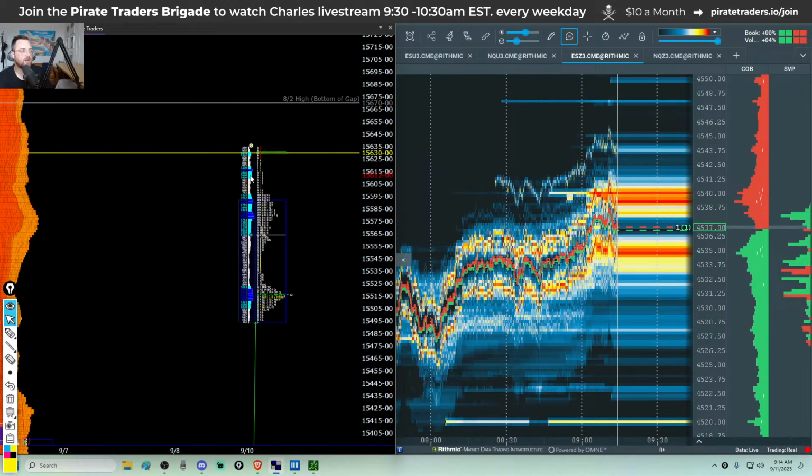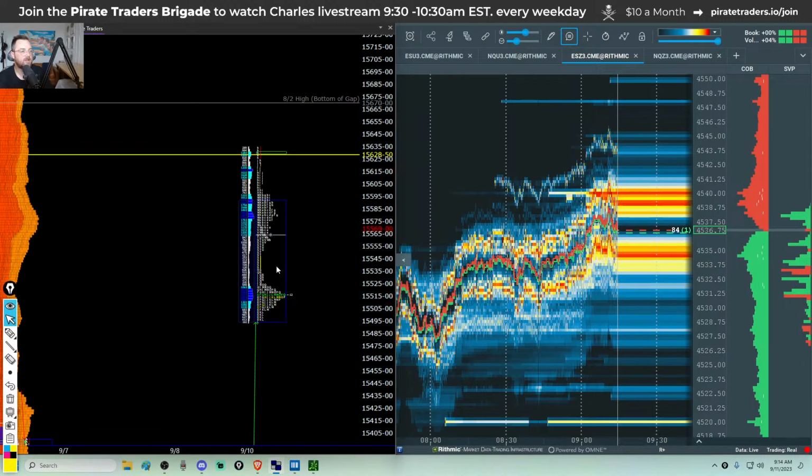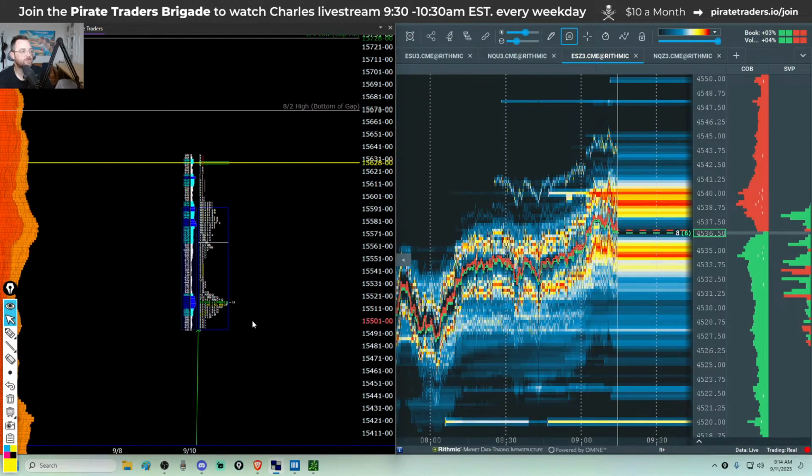First potential support is around 15,600, then down around 15,580, then down around 15,515. Any of those areas find support, that is a gap and go, then we get bullish, okay? But first, the market is likely to need to fill the gap.